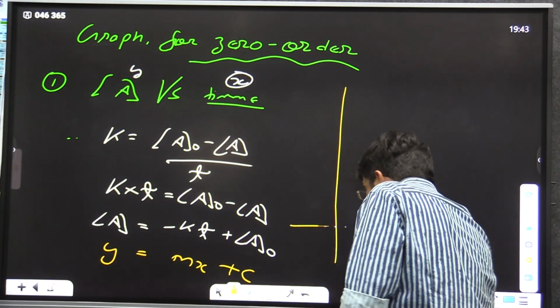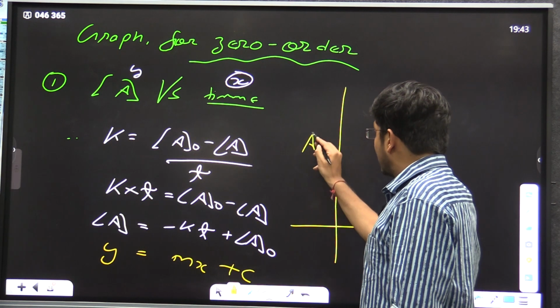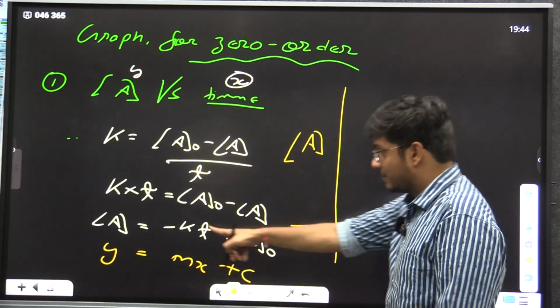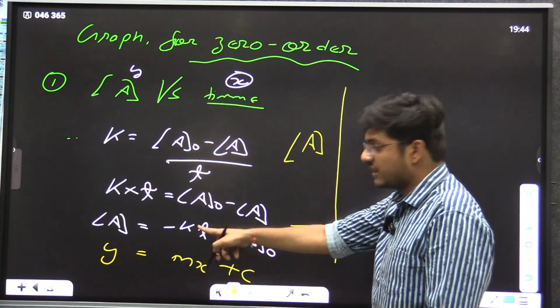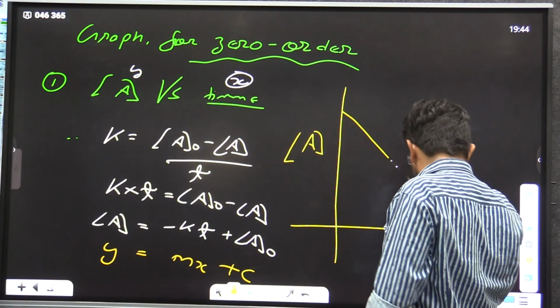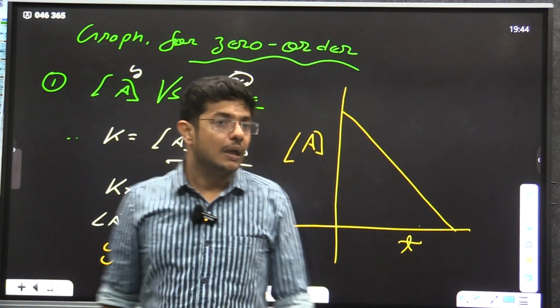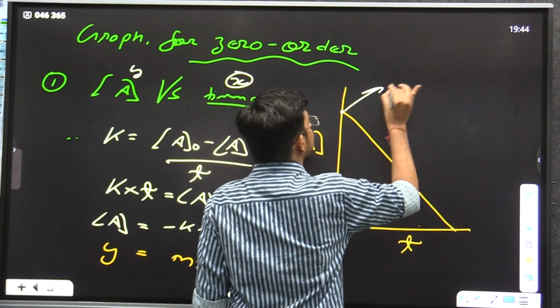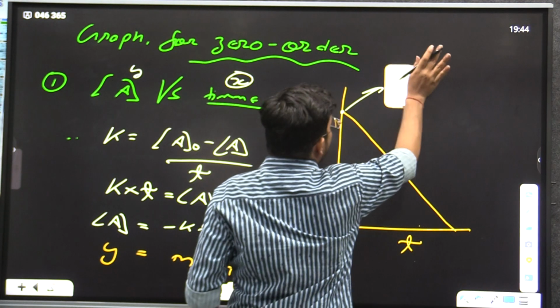Here the slope is minus k, which means the slope is negative, and this is the intercept c.